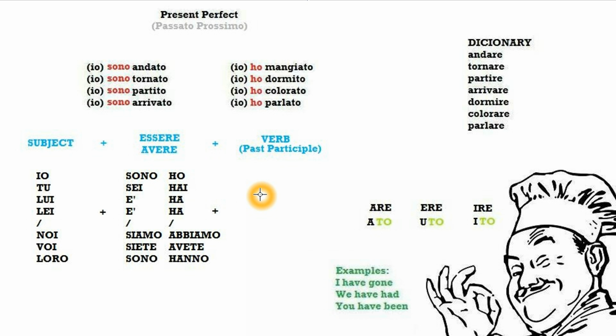Now you may wonder, so why are you spending so much time teaching me my own language? Well, the thing is, in Italian, you use the present perfect in a different way. For some reason, in Italian, in the South, people do exactly what they do in English. So they use the past simple when you have to use the past simple, and they use the present perfect when you have to use the present perfect.